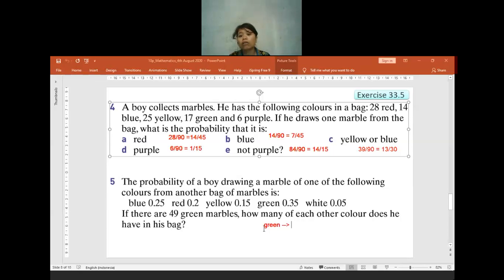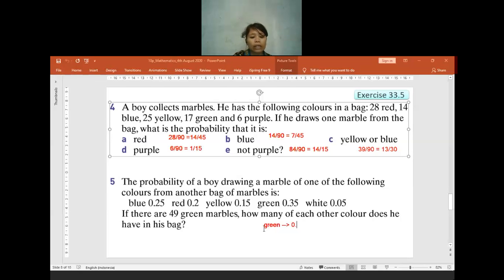Later we will use the calculator, but now the question will not use any calculator. Just help me to find the probability of getting green. The probability is already there. I just want all of you to read. 0.35. Green. Read the question properly.